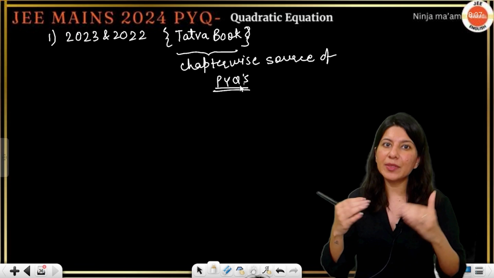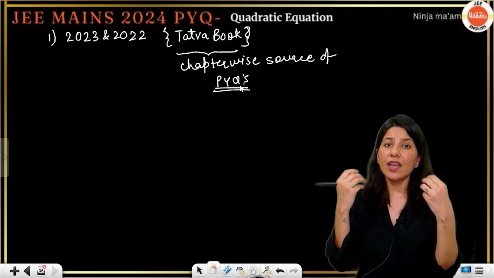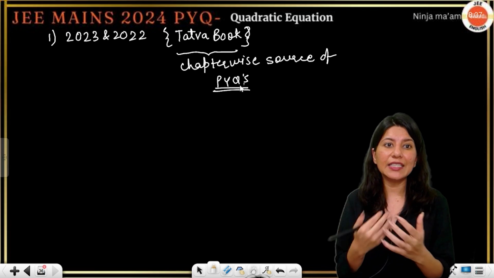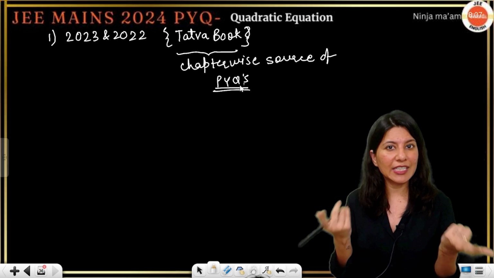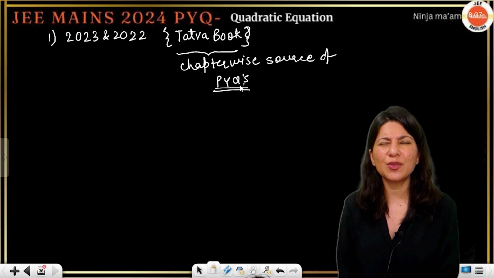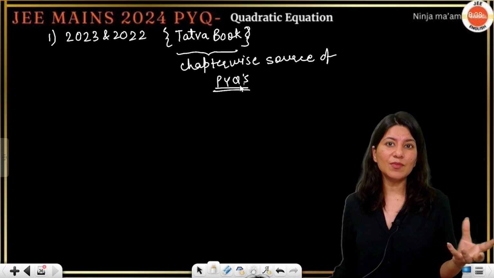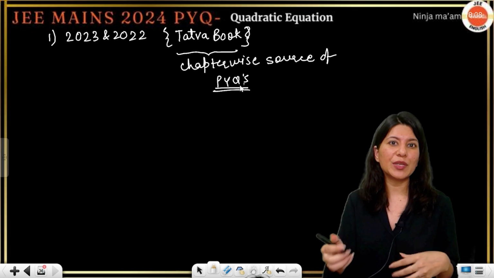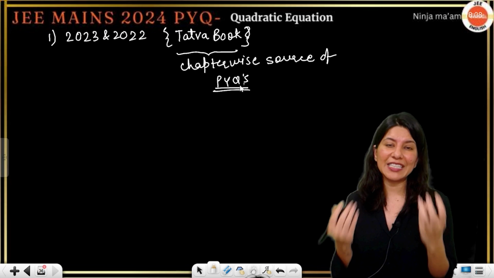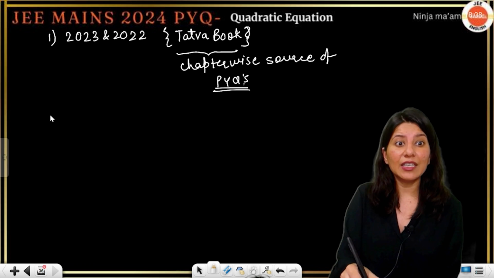Alpha, beta, gamma, so they are arranged like this. Error-free solutions, the books are very handy. You can just check them out. The link is given in the description box. You can take the books with you to the library or anywhere in your school also, so that in case you get time, you can solve a few questions. At least 3 hours of questions, everyone should do. Otherwise, JEE Main is very difficult to crack.